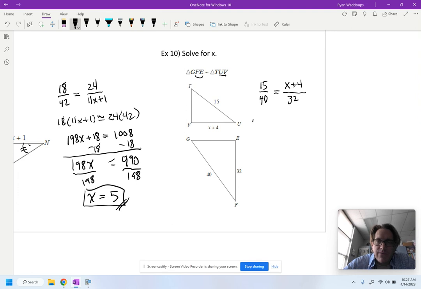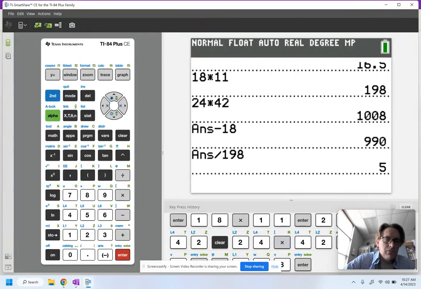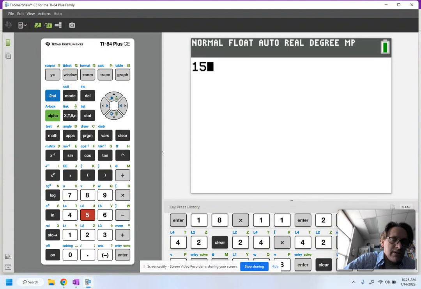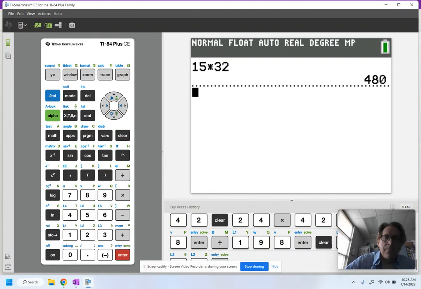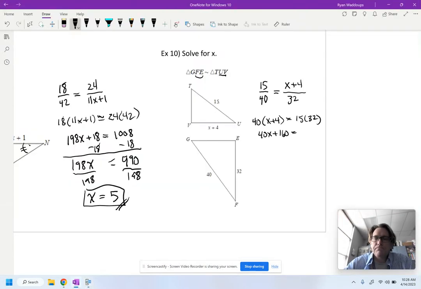And cross products would give us that 40 times x plus 4 is equal to 15 times 32. This would give us 40x plus 160 is equal to 15 times 32. 15 times 32 gives us 480.